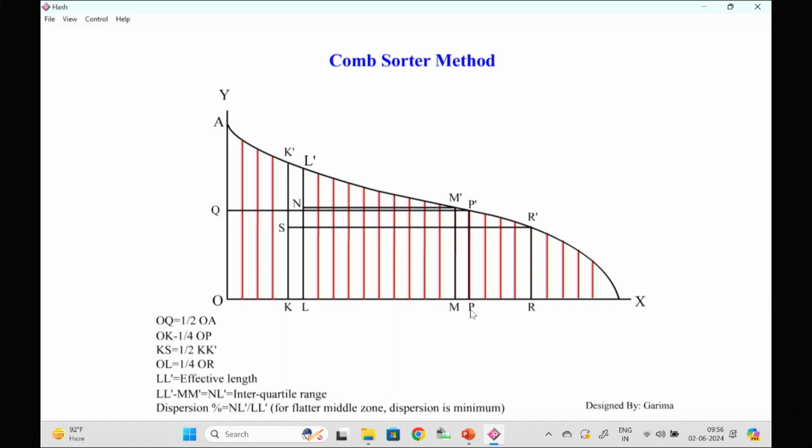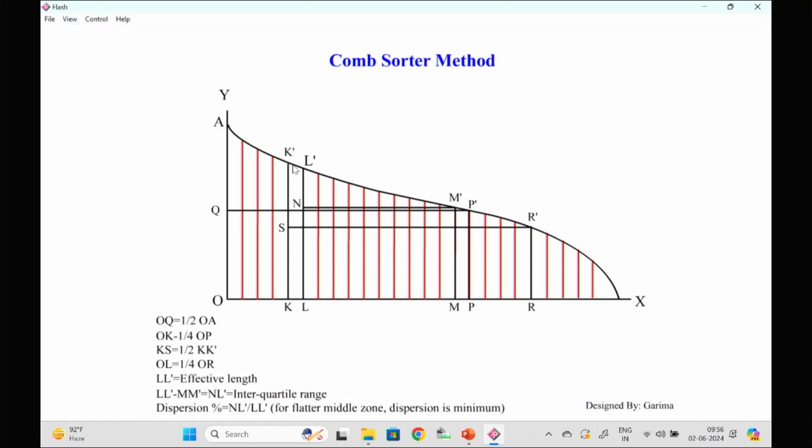Then we divide OP into 4 equal parts. The upper quartile OK is 1/4 of OP, then we draw a vertical line which intersects at the K dash point. Again, this is the first approximation of the upper quartile length.